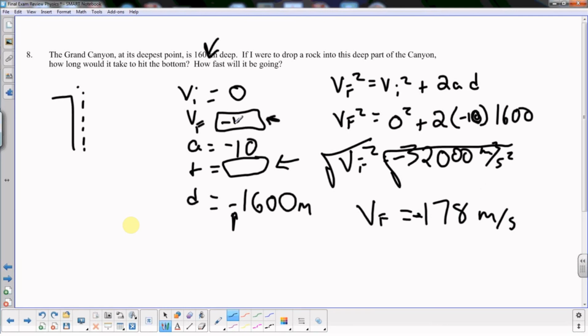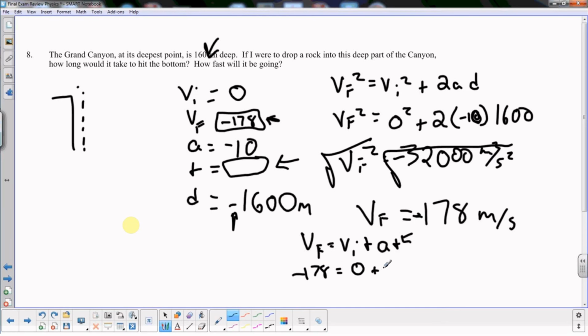The other thing we can do is time. Well, how long does it take to go from 0 to negative 178 with an acceleration of negative 10? That's not terribly hard. Vf equals Vi plus at. Solve for the time. Negative 178 equals 0 plus negative 10t.